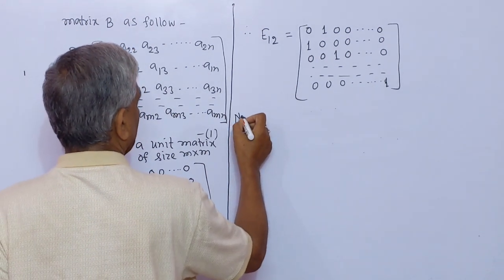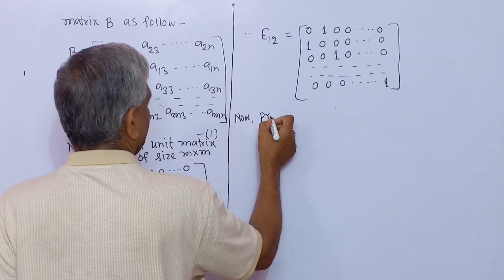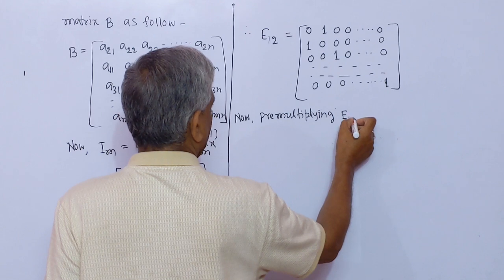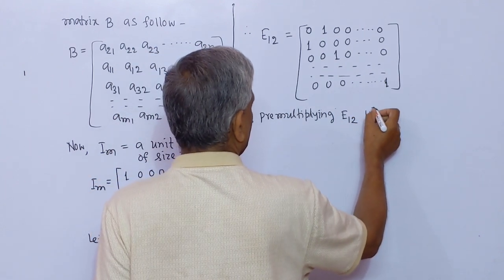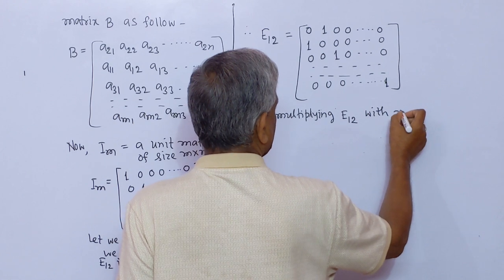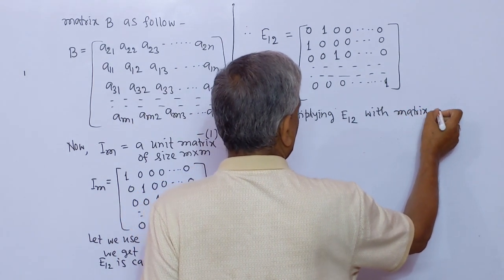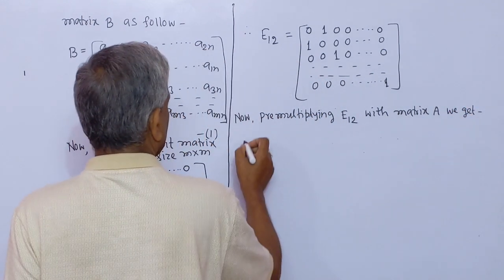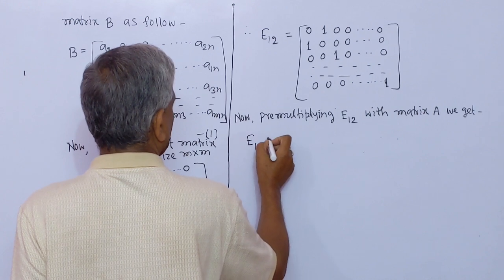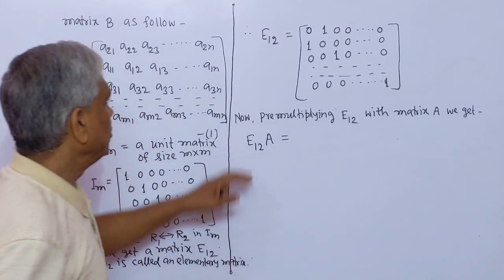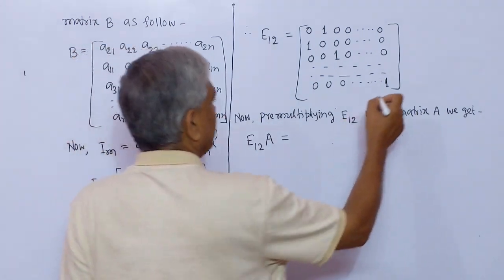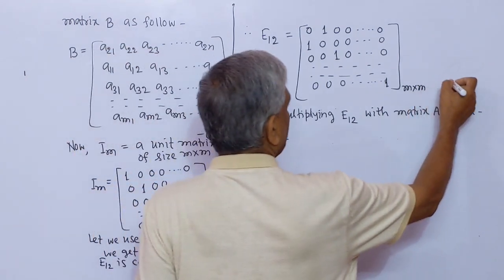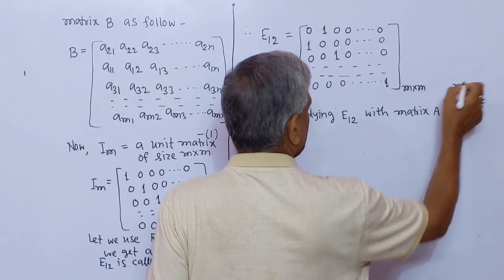Now pre-multiplying E12 with matrix A, we get E12A equal to, here E12 is an M by M size matrix and A is an M by N size matrix.